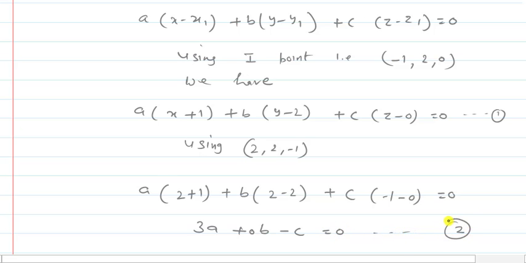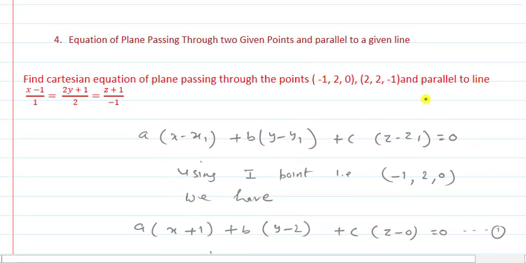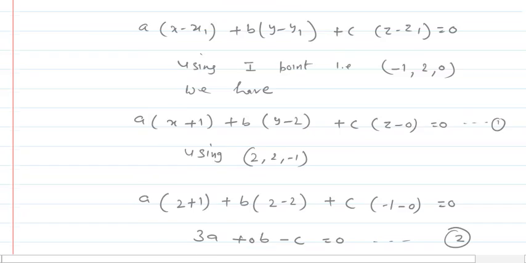Now as I told you, this line is parallel to the plane, so therefore dot product of direction ratios of normal to plane, that is a, b, c, and 1, 2, minus 1, that is direction ratios of the line, is 0. So these are 1, 2, minus 1.